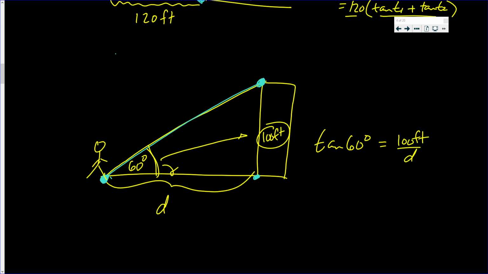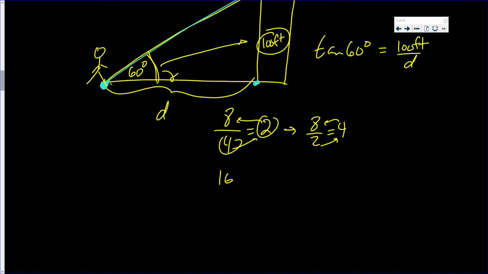Now, a lot of teachers don't teach you this. I don't know why. 8 over 4 equals 2. Notice 4 times 2 is 8. Now, if you switch those two numbers, 8 over 2 equals 4, it's still going to be true because 2 times 4, 4 times 2 is equal to 8.